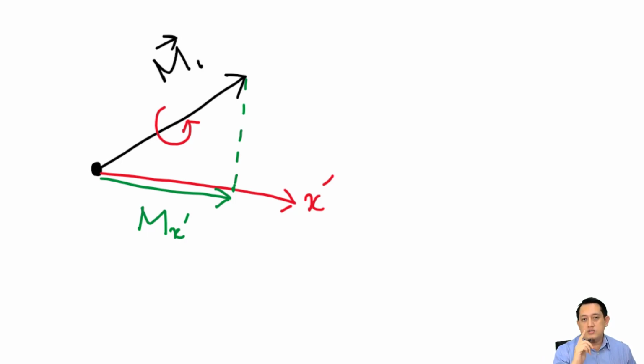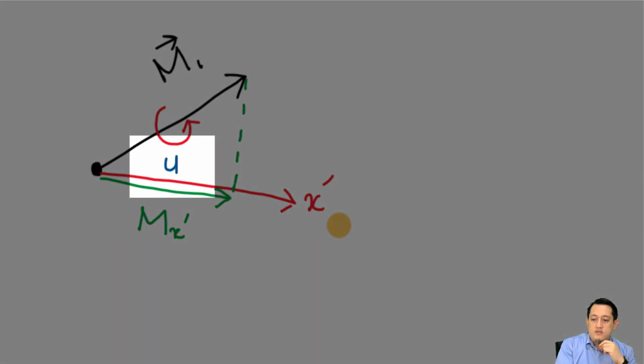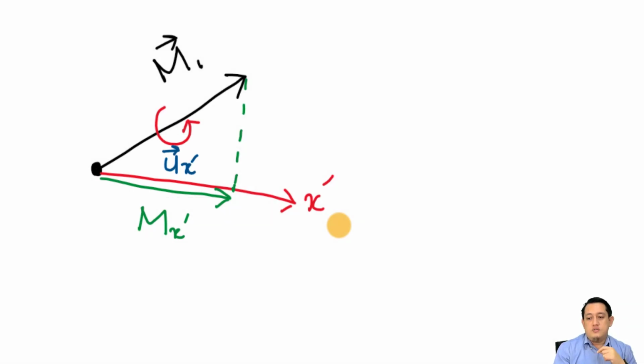To calculate this Mx prime in this new direction x prime, what we need is the unit vector of this new line or axis. So we need the unit vector of x prime.